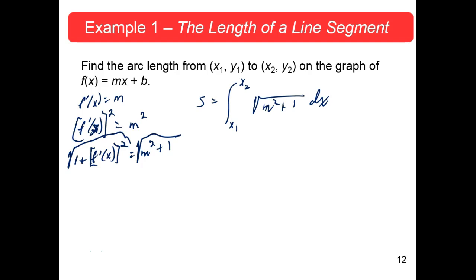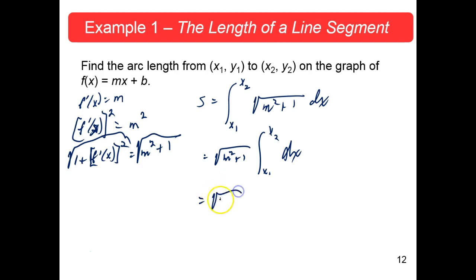Now, of course, m is a constant, it's a slope, and add 1 to it, it's a constant, and then take a square root of that, and that's a constant. So all this can come outside. So this is equal to the square root of m squared plus 1 times the integral from x1 to x2 of dx. The antiderivative of dx is x, right? 1 dx would just be x.